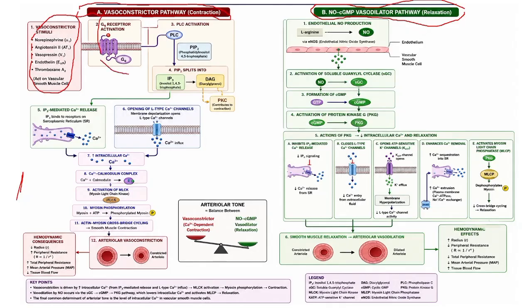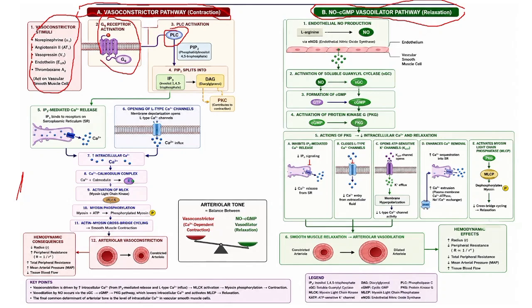Once they bind to the receptor, what happens? When the stimuli bind to the receptor, there will be an activation of phospholipase C. So this enzyme here, phospholipase C, is our enzyme.